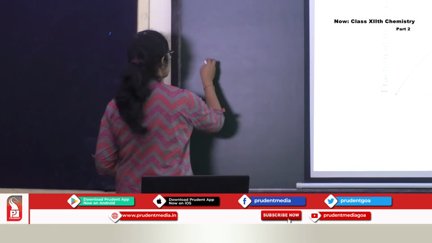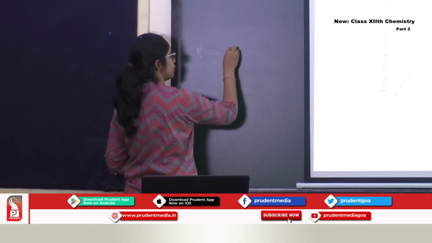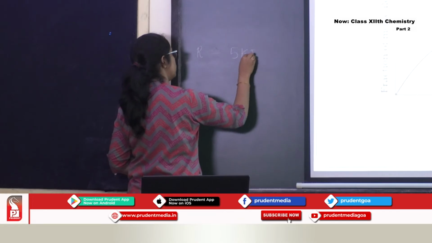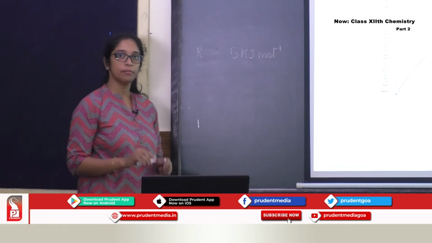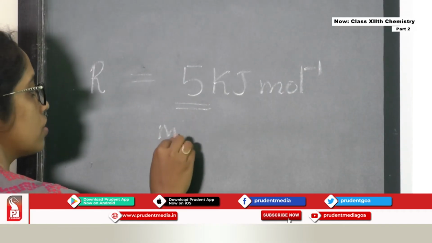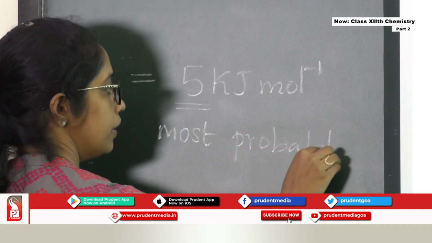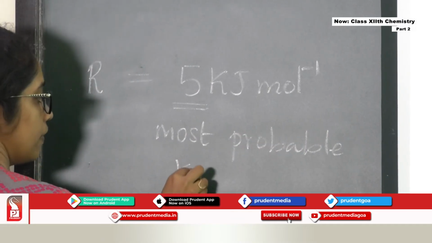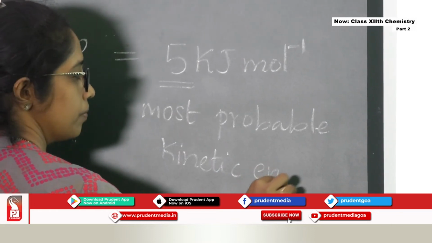Suppose we say that the reacting molecules have 5 kilojoules per mole of energy. The meaning of this is that 5 kilojoules per mole is the most probable kinetic energy.